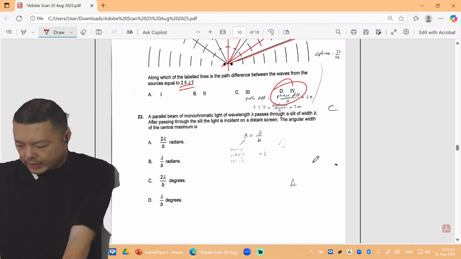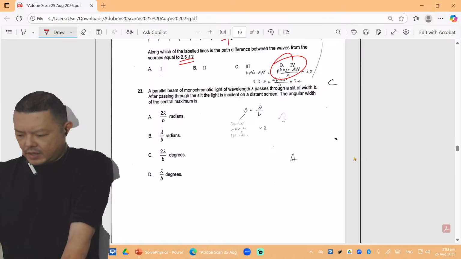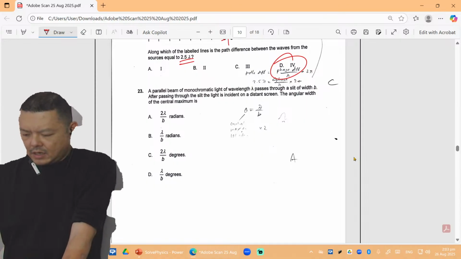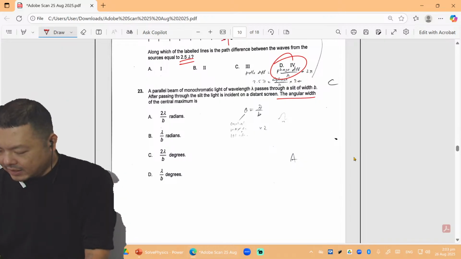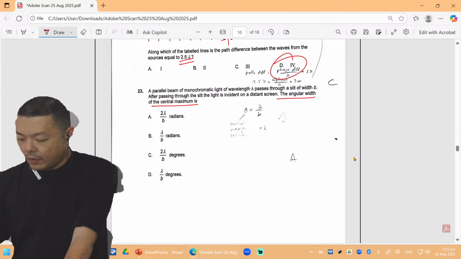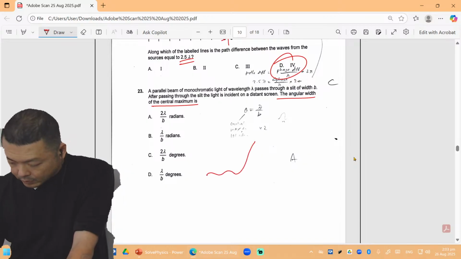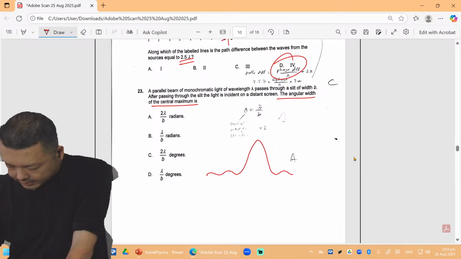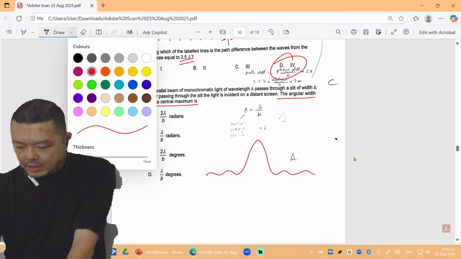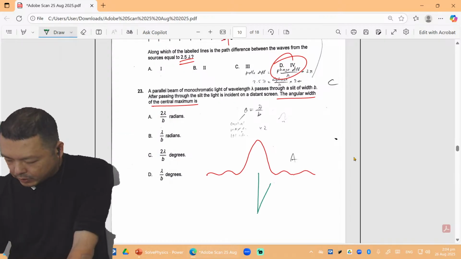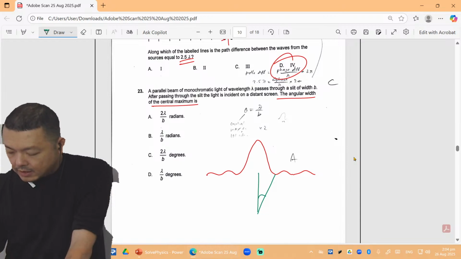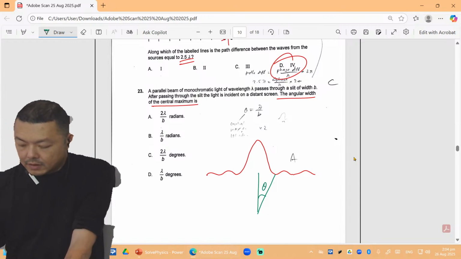That's 22. Now 23. Don't get tricked. They want the angular width. This is a single slit, so a single slit will look like this. The angle between the maxima and the first minima is theta.